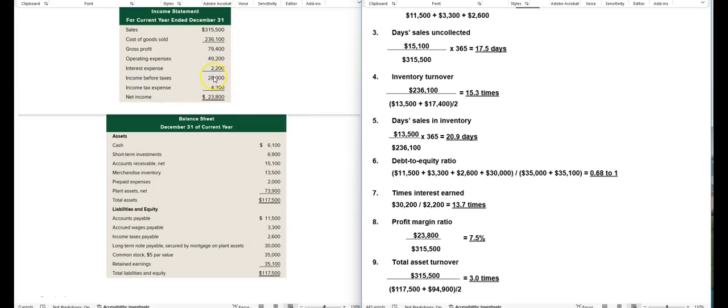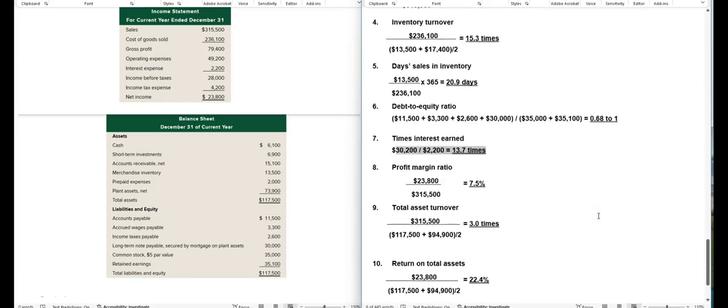Excuse me, sorry, just the income before interest expense. This is already before income tax expense. So we added the interest back to get income before interest and taxes, and then divide by the amount of interest. Income exceeded interest by 13.7 times.